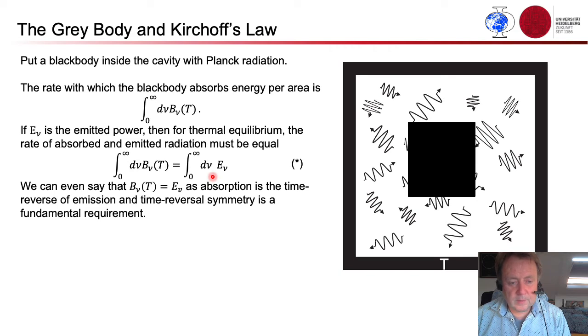Now we go one step further and use an argument of symmetry. We say that all physical processes should follow time reversal symmetry, which means that when we change the direction of time in a process, the process still should be the same.